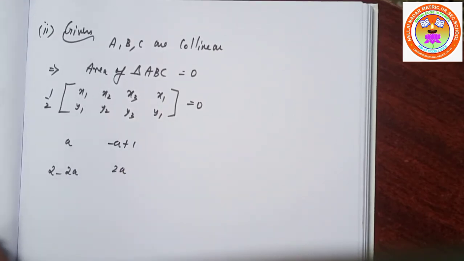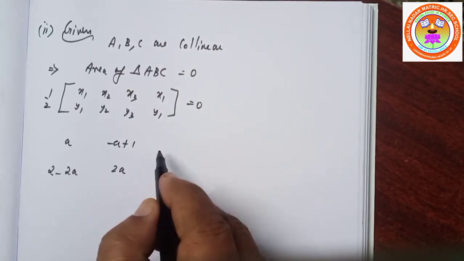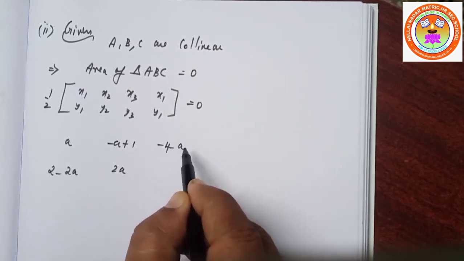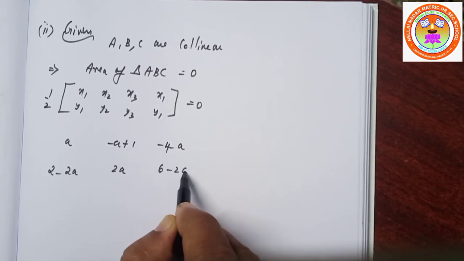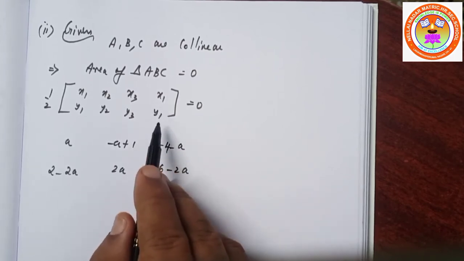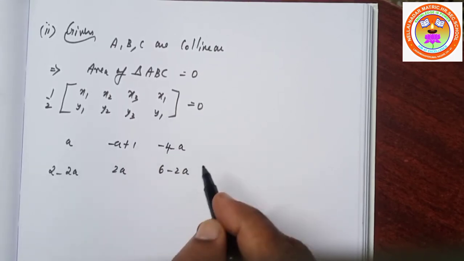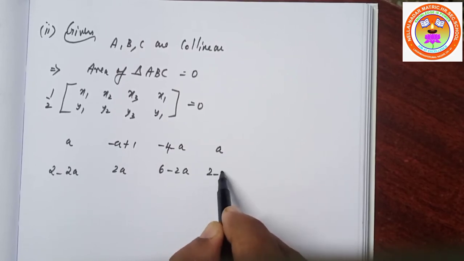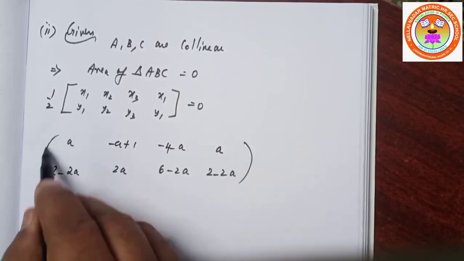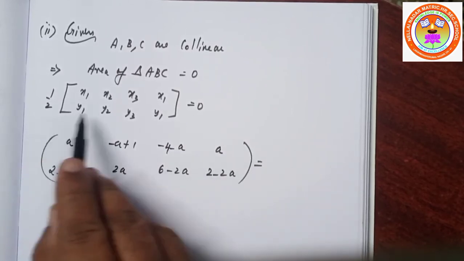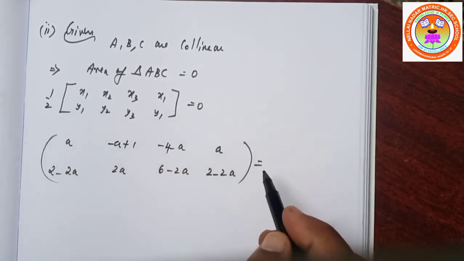C point, minus 4 minus a, 6 minus 2a. Again you have to write x1 y1, that is a, 2 minus 2a, equals, cross multiply 2 into 0.